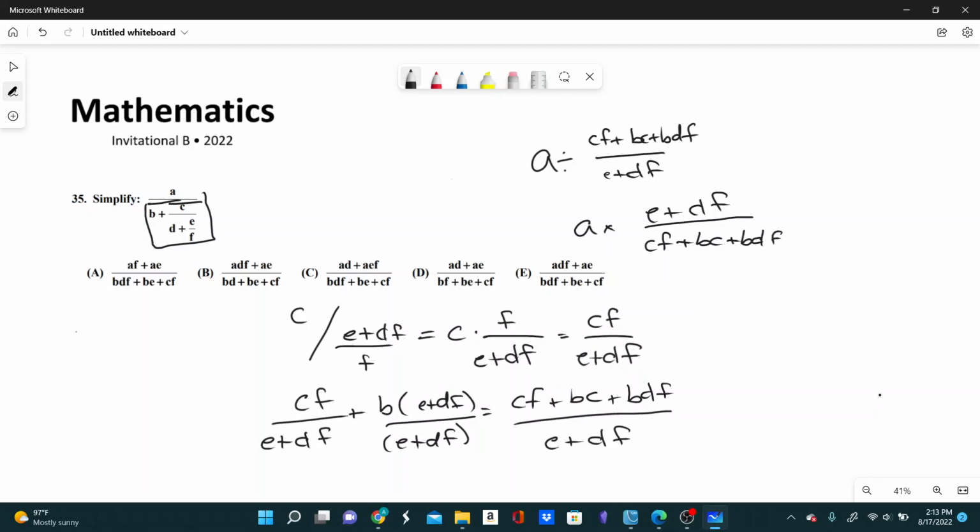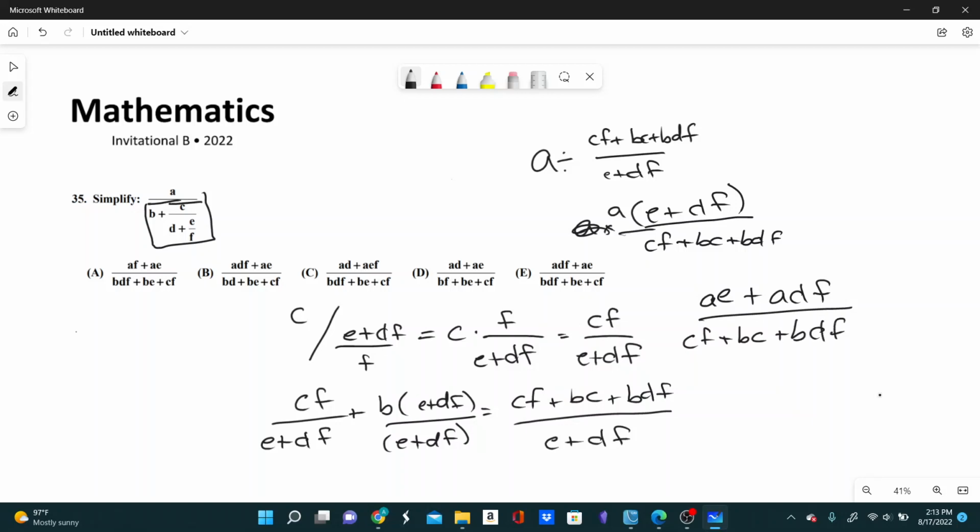And this is pretty straightforward. I'm just going to distribute the A into the numerator. So this is the same thing as this, right? And so A times E, that's just AE. A times DF, that's ADF. And then the denominator will just stay the same. CF plus BE plus BDF.